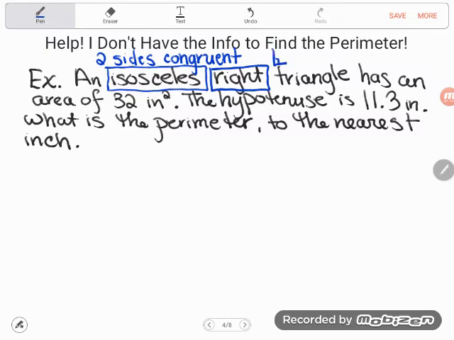Okay, so I'm going to draw out this triangle we're looking at. So here's my isosceles right triangle. Now I happen to know something that you might not know that makes this problem a little easier. I know that when a right triangle is isosceles, the sides that are equal are always these two sides. Because the hypotenuse, that's the side across from the right angle, is always the longest side.